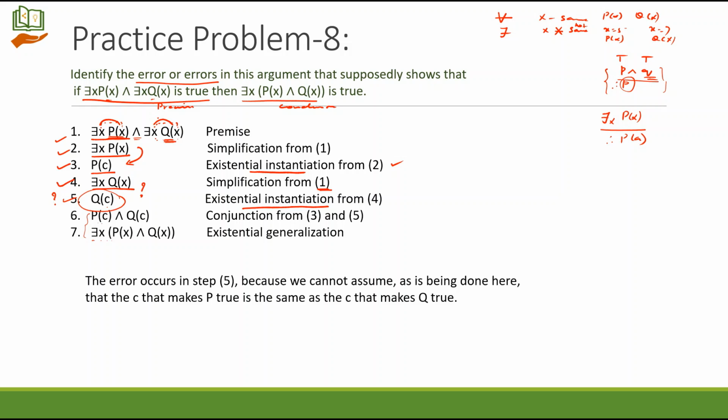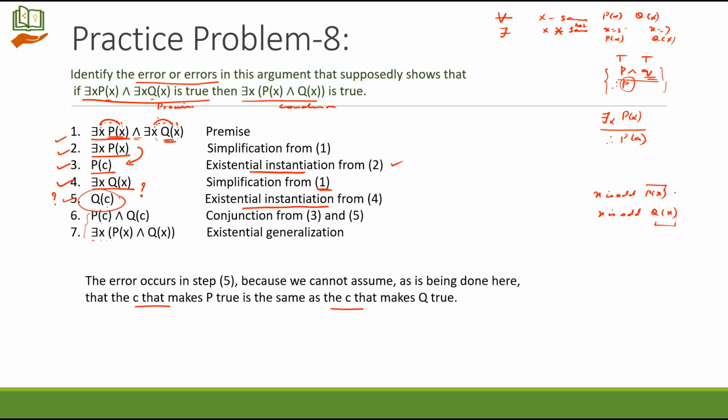The error occurs in step 5 because we cannot assume, as is being done here, that the C value that makes P true is the same as the C value that makes Q true. We cannot assume both these values to be the same, because x could be odd for P of x and x could be odd in Q of x separately.